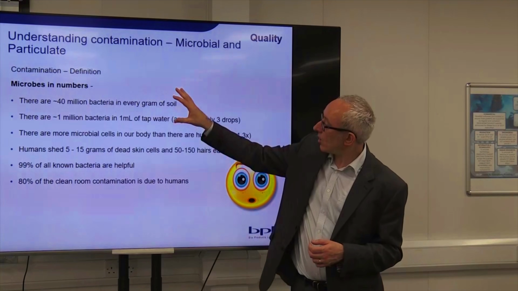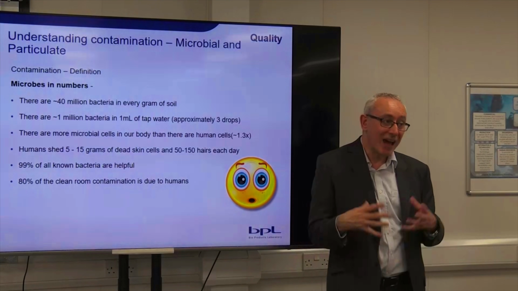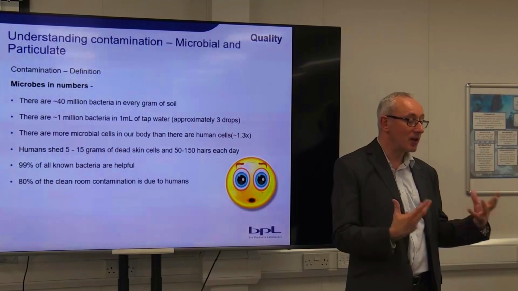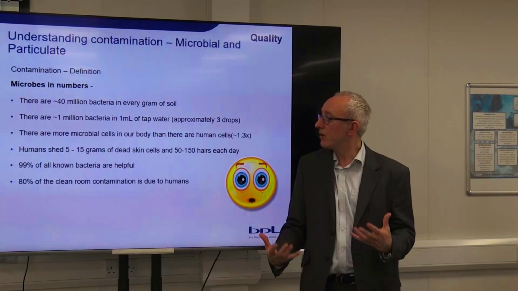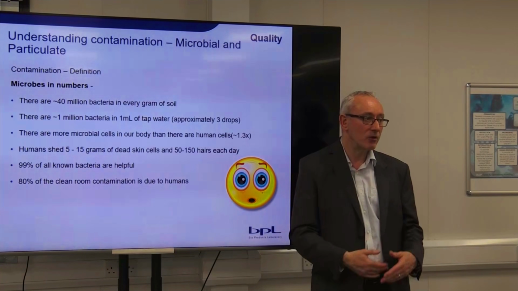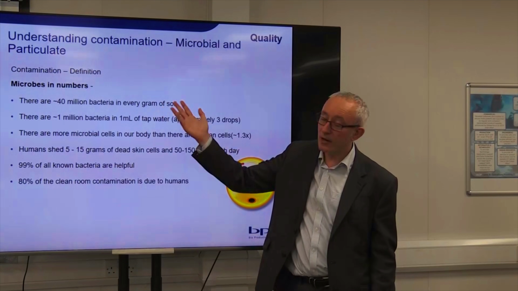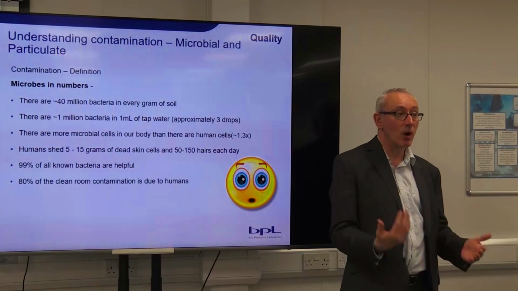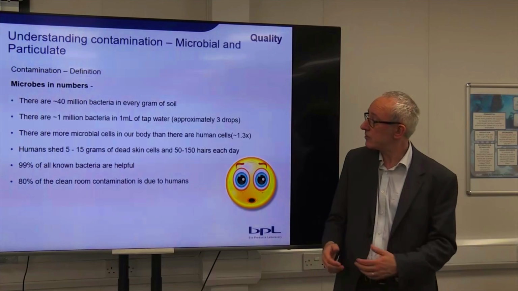So this is an idea of some of the challenges we face when we're making our products. If we were just to walk in the factory with our everyday shoes on and we just walked across the grass, for example, then you can see the sheer scale of the number of microorganisms we might be tramping into the facility. Therefore, shoe change is essential.